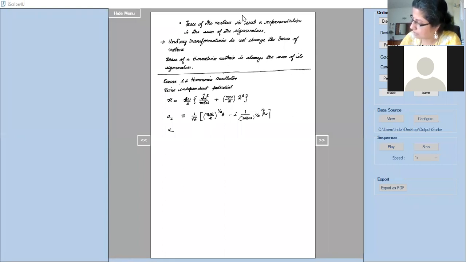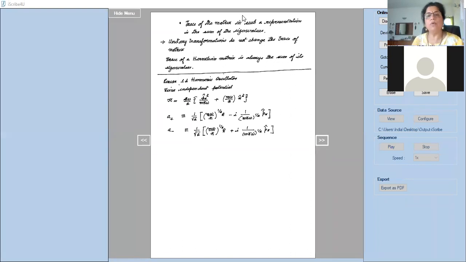And then we essentially had your a minus operator, which is (m omega by h cross) power half x plus i (1 upon m h cross omega) power half px, right?